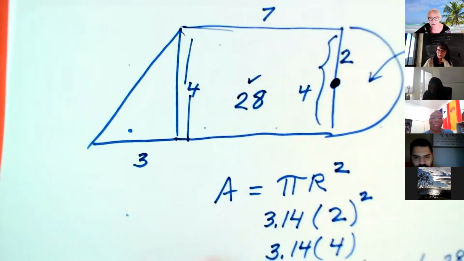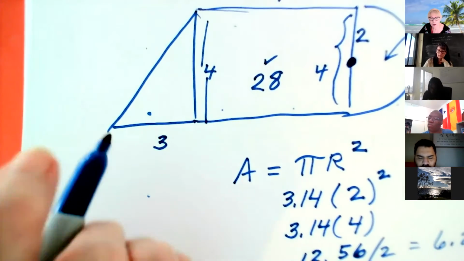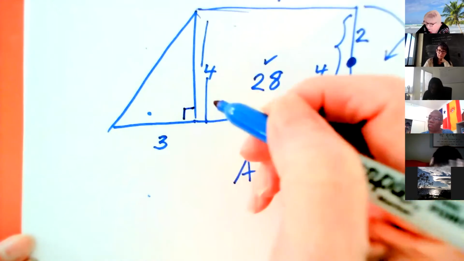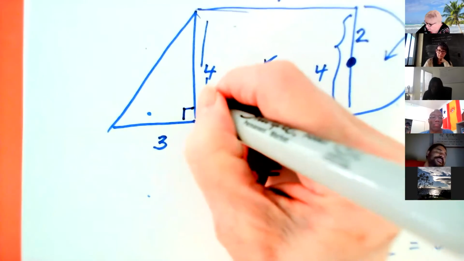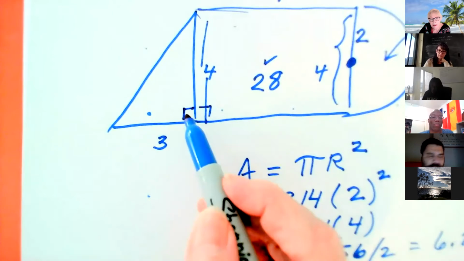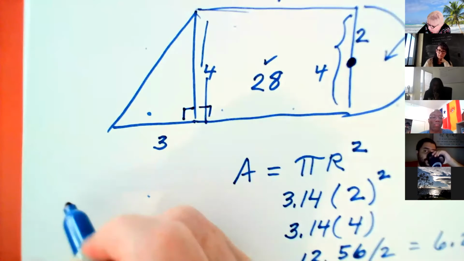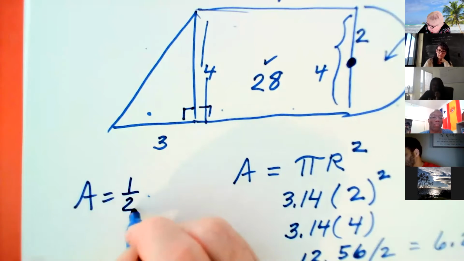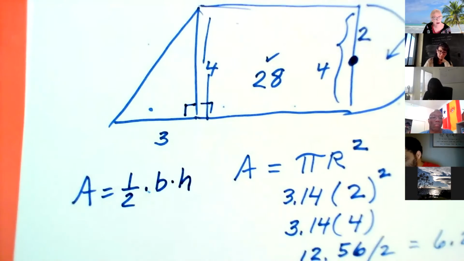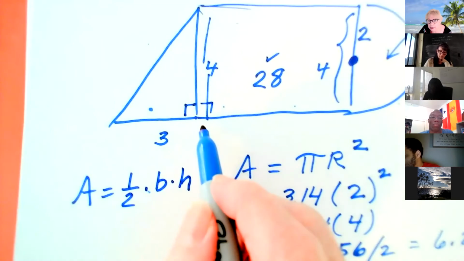Now, the final one is the triangle. This was a 90-degree angle. And the formula for that would be area is 1/2 the base times the height. So you have all your formulas listed, you go find your formula. I'm not expecting you to memorize every last one of these, although many of them make sense.